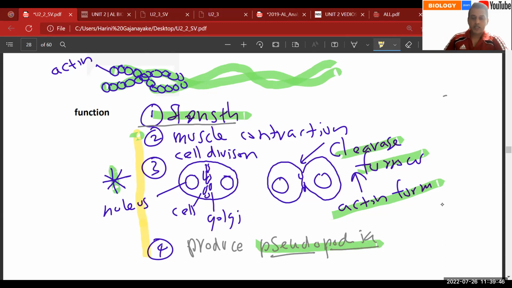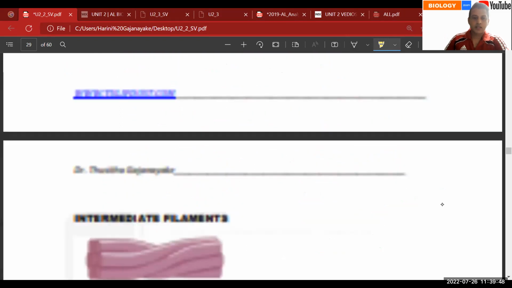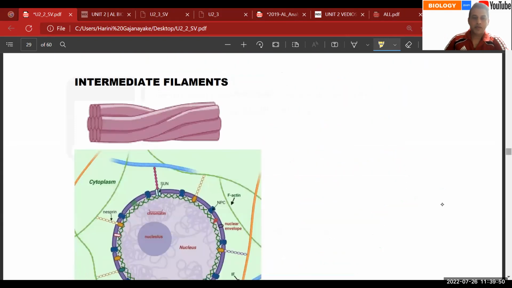Okay, today we can finish the last thing. Intermediate filaments. That's the last one. So they are formed from a collection of proteins.